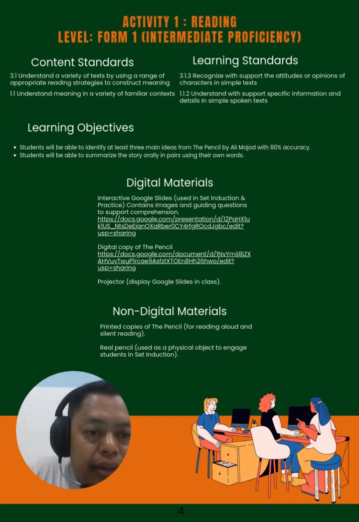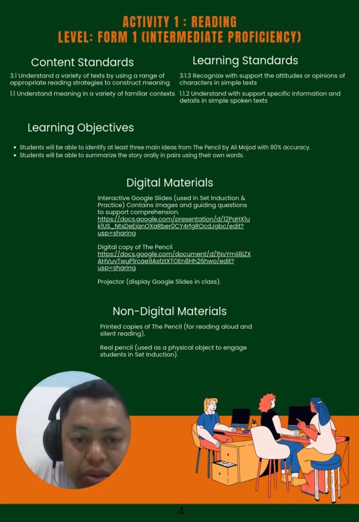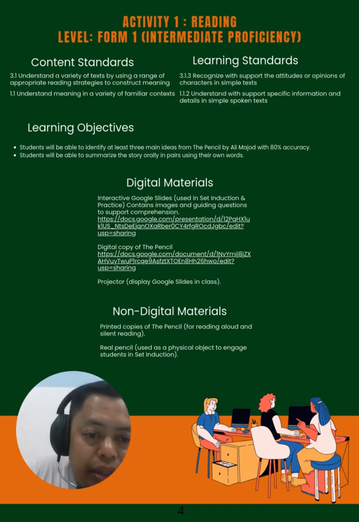The learning standard will be recognize with support the attitudes or opinions of characters in simple texts. For the learning objectives, there are two here. Students will be able to identify at least three main ideas from The Pencil by Ali Majud with 80% accuracy. Secondly, students will be able to summarize the story orally in pairs using their own words.